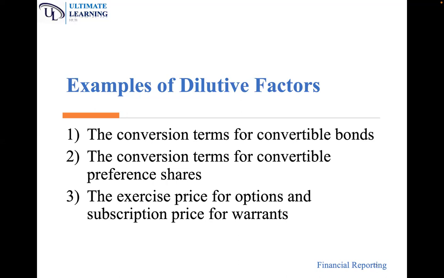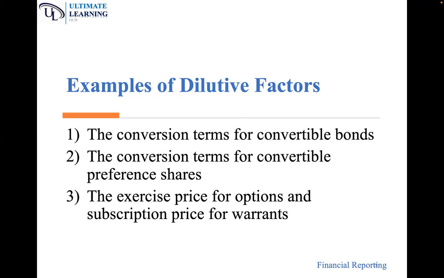Number two, conversion terms of preference shares. So if preference shares in future will be converted into ordinary shares, in that case, it will result into dilution. And number three, the exercise price for options or warrants. So if we exercise an option or a warrant, in this case, it also results into dilution.